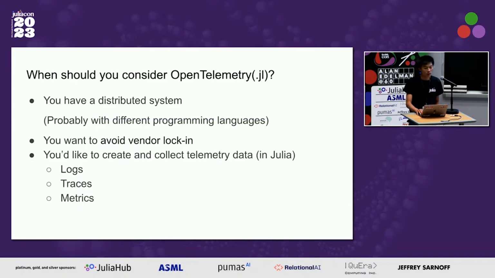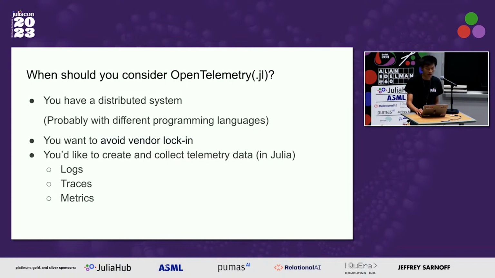So when should you consider OpenTelemetry.jl? Usually you will already have a distributed system, and probably with many different programming languages included. And you also want to avoid vendor lock-in.